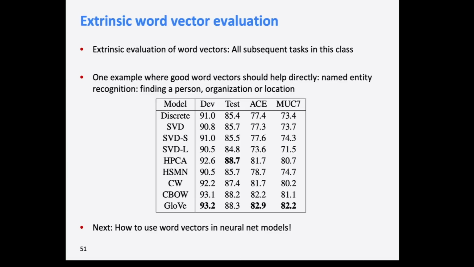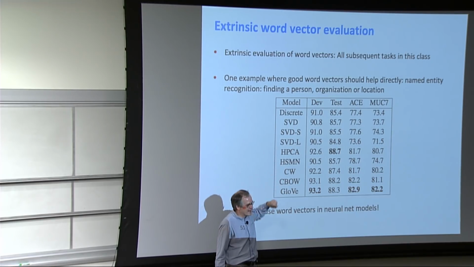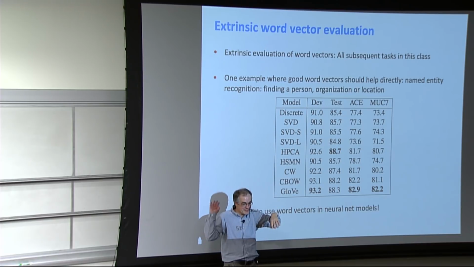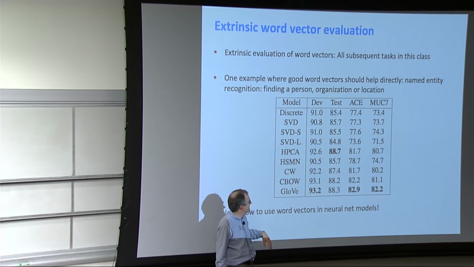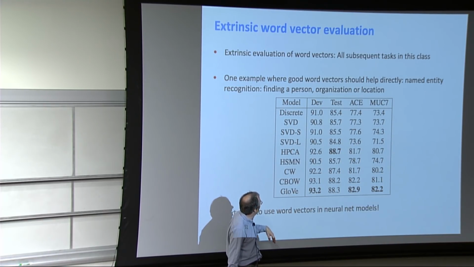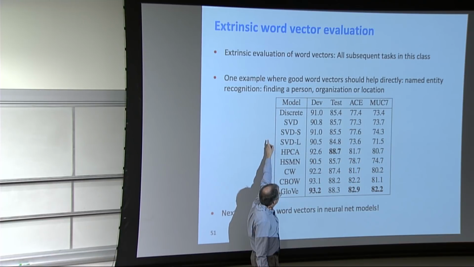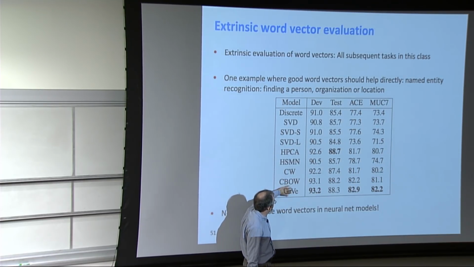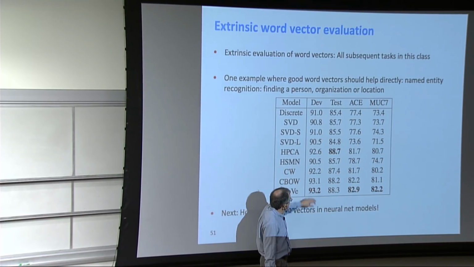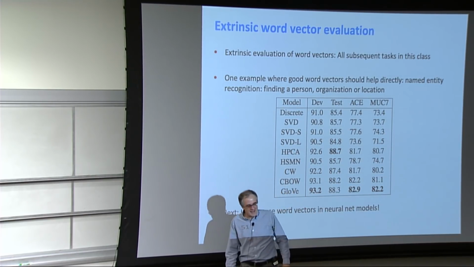So this is doing named entity recognition, which is labeling persons and locations and organizations. But it's typical of many tasks: if you started with a model without word representations and you throw in your word vectors, regardless of whether they're word2vec or GloVe ones, your numbers go up a couple of percent or more.